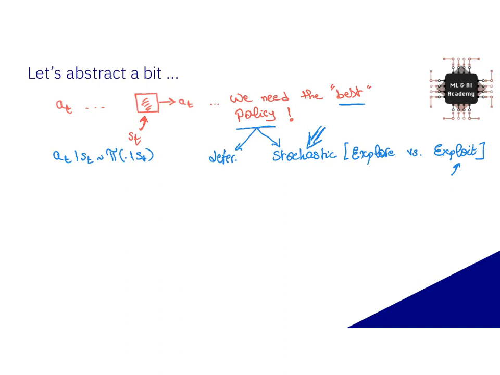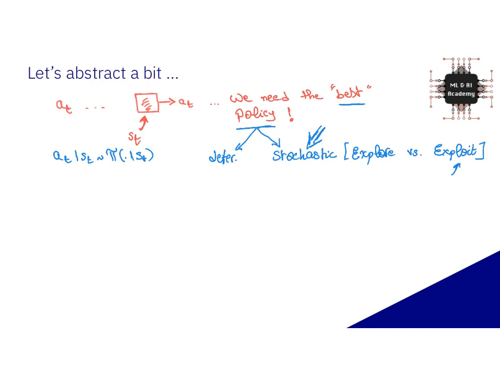And now the goal of the agent is to find the best pi such that it maximizes its performance. Because we have unknown transition dynamics, we require a stochastic policy that allows the agent to explore new things around that state, in order to learn more and more useful information.